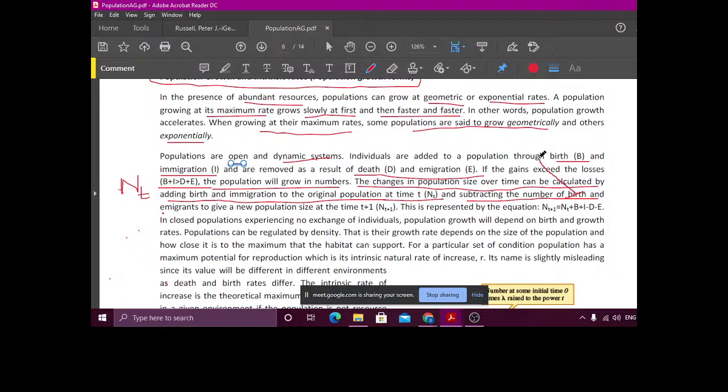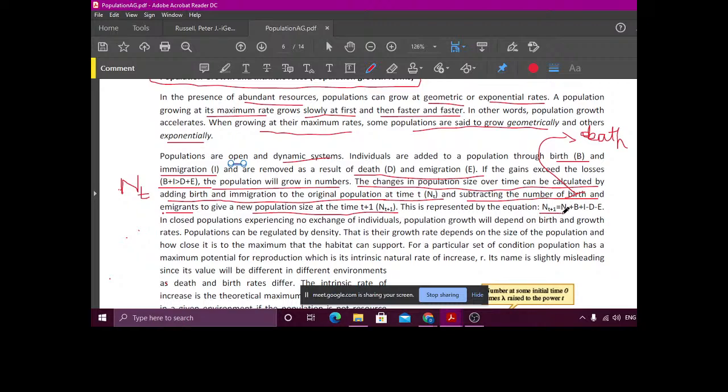Just remember that in this note, I'll correct it, it should be death. Subtracting the number of deaths and emigrants gives the population at time t plus 1, that is, after say 1 day, the next point of time.